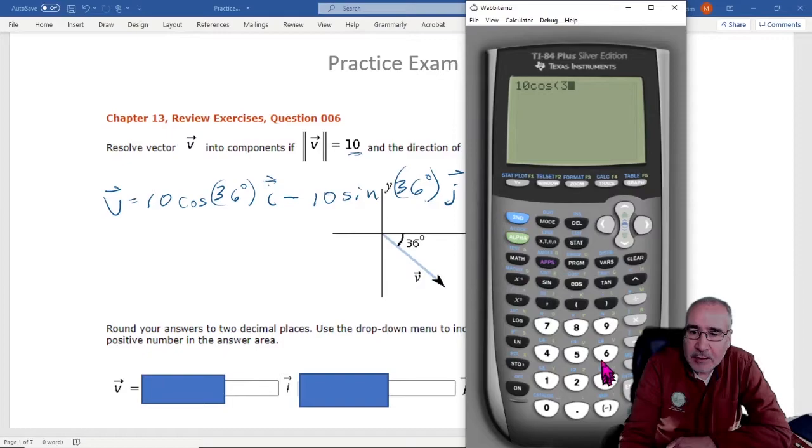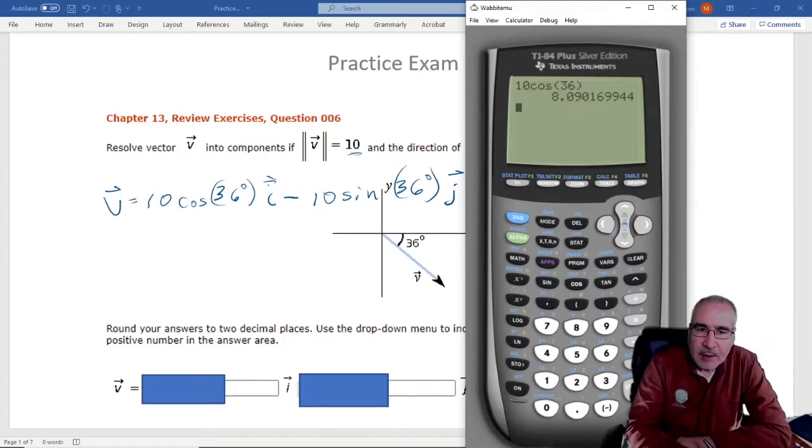Cosine 36. That's going to give us 8.09, rounded to 2 decimal places, minus 10 times the sine of 36 degrees, which is 5.88.